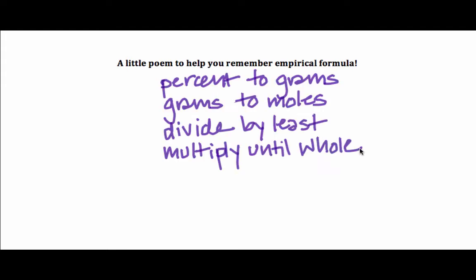Like I said, it's not a great poem, but these will help you remember the steps that you need to take when doing empirical formula problems. You'll always do steps 1, 2, and 3, but you won't always need to do number 4. I'll show you some examples when you do need to use number 4.